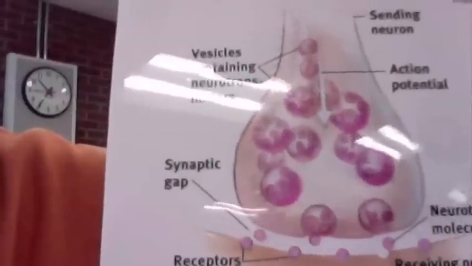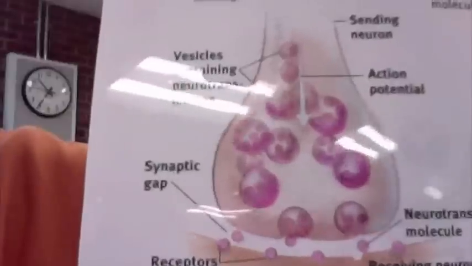But what we need to know next is what are some of the main neurotransmitters? Okay, so there's some neurotransmitters where they know these neurotransmitters are linked to certain psychological disorders or medical disorders or illnesses.